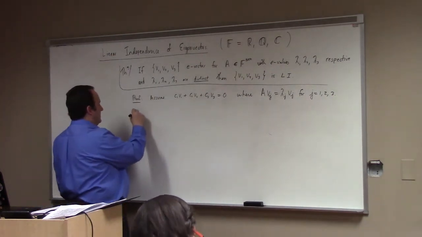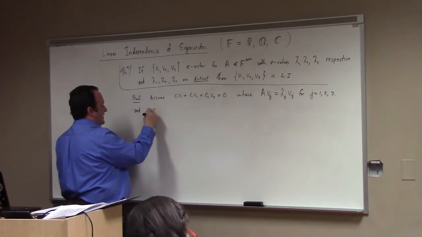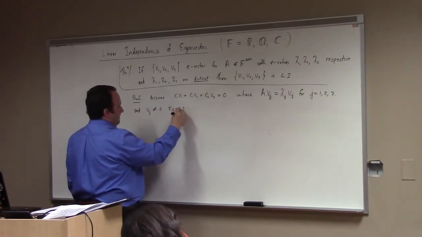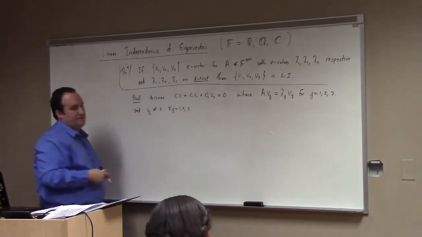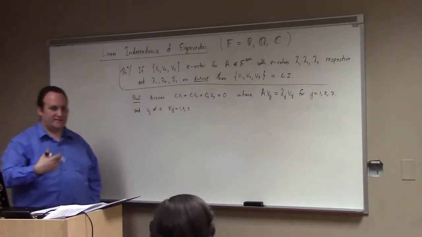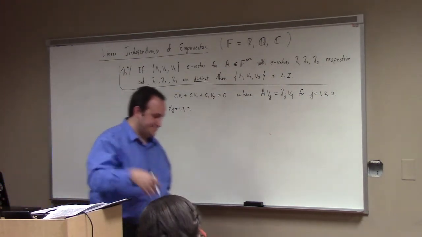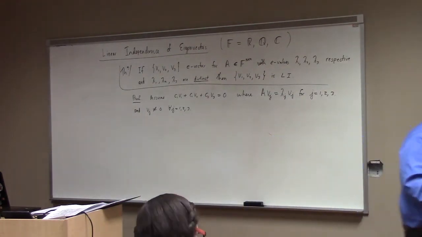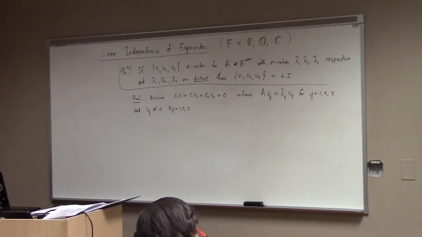And Vj is not equal to 0. So I probably should have put the last part of that sentence as a standalone sentence before that, right? When I'm writing proofs on the board in here, sometimes I get my thoughts out of order. Anyway, we're assuming eigenvectors 1, 2, 3 with the distinct eigenvalues lambda 1, lambda 2, lambda 3. I want to show that forces linear independence of this triple. Okay.